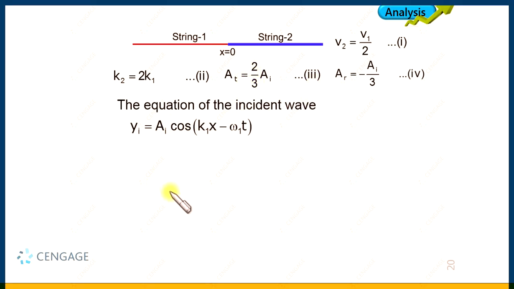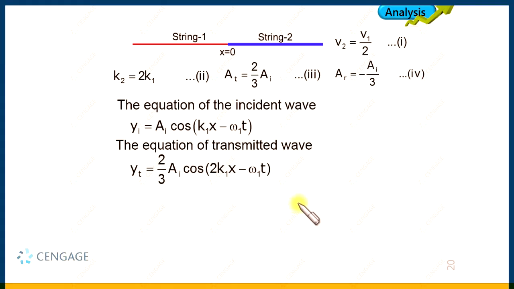So, we can write yt equals 2 by 3 cos (2k1x, instead of k1 we write 2k1, minus omega 1 t). So, this is the equation of the transmitted wave.